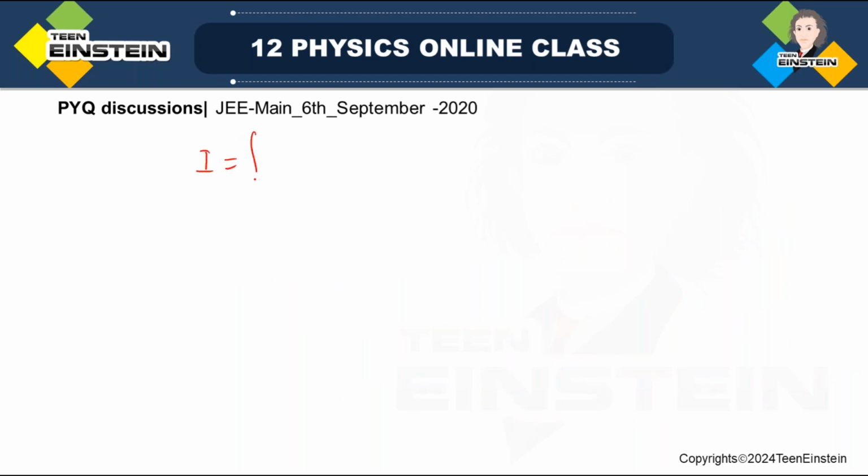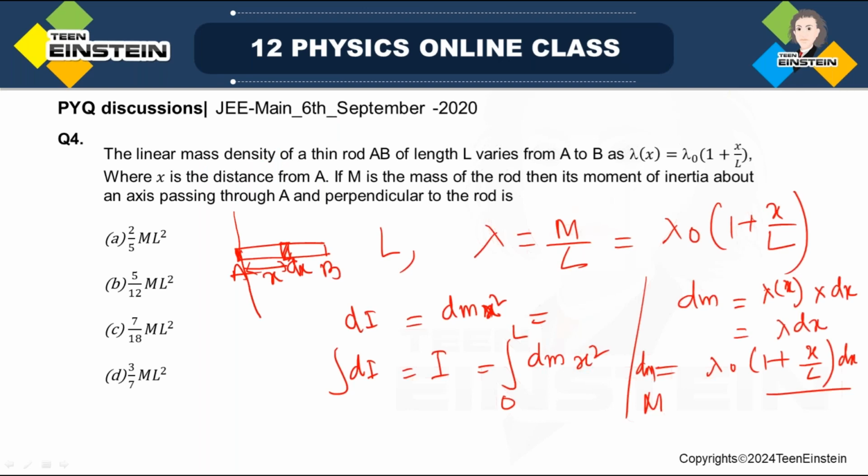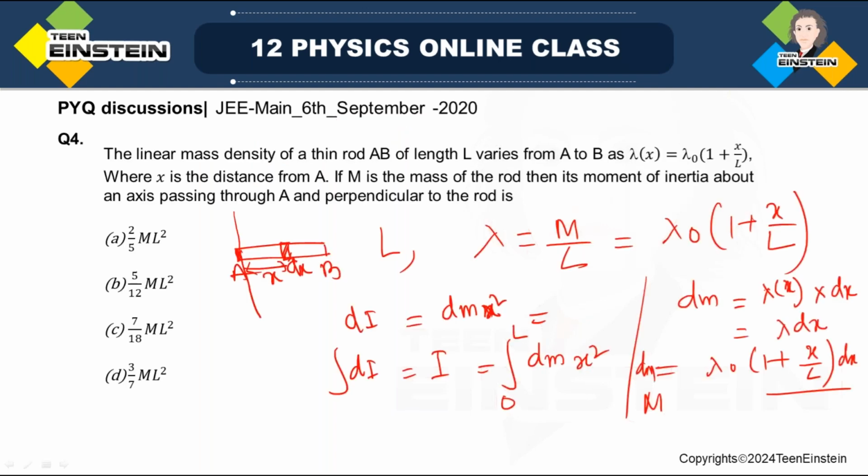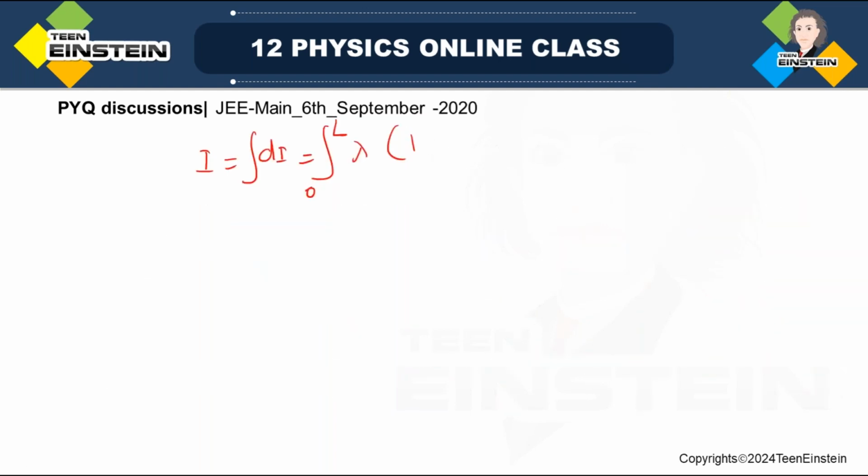So I will be integrating from 0 to L, dm is lambda 0 into 1 plus x by L into dx. Another x square will be multiplied here.